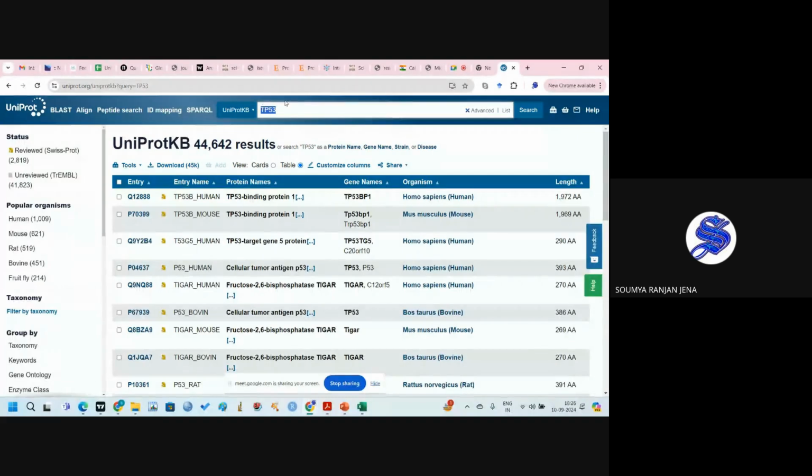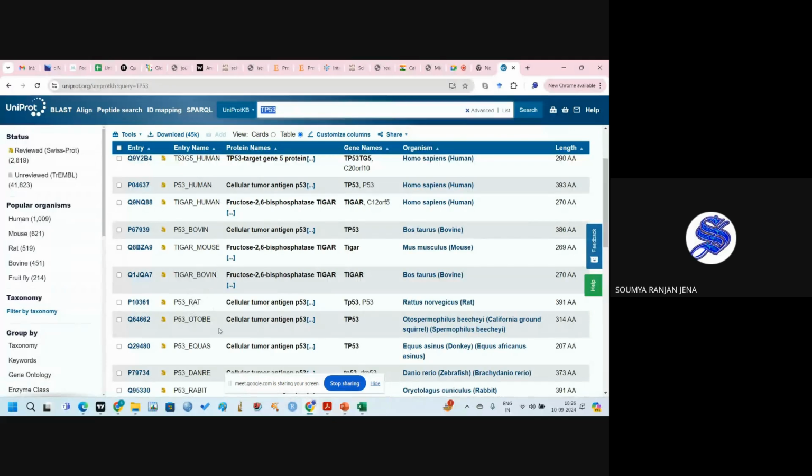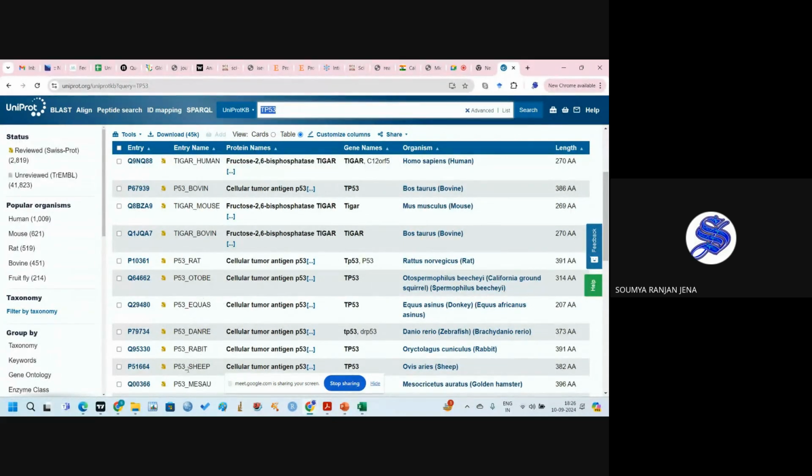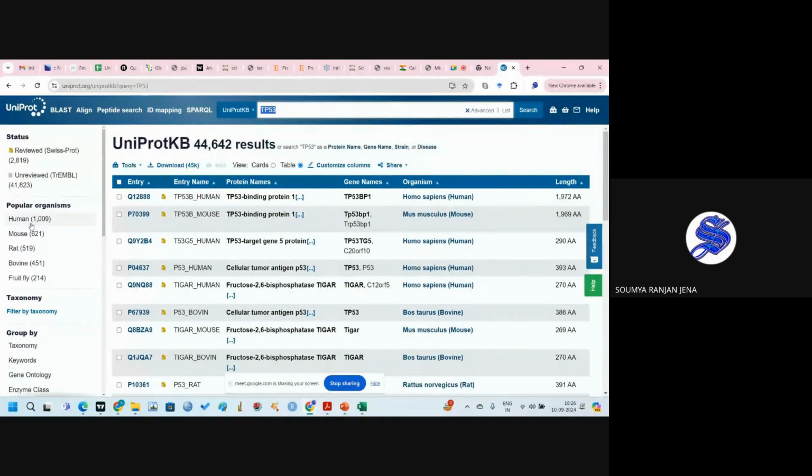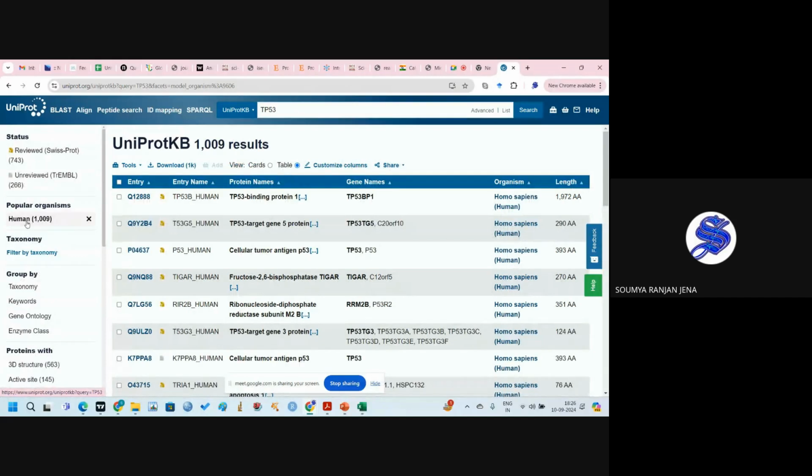This is a tumor suppressor gene, and it gives all the data in human, mouse, bovine, rat, equus, rabbit, sheep, different species. If you choose only human, it gives only Homo sapiens species of TP53.